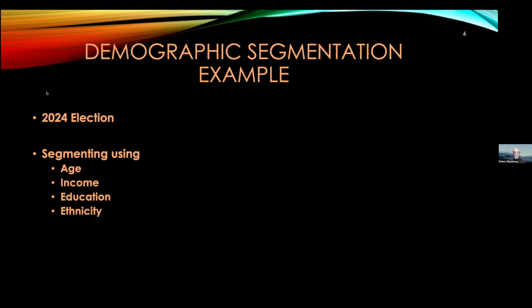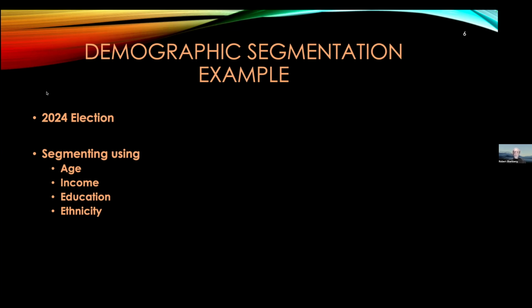But do you think there's a big difference in your voting behavior whether you're young, middle-aged, or old? Income, high, medium, low. Education, like you, very well educated, or like a lot of people that live in rural America, very limited education. Then ethnicity, and I could also add gender. There's a big gap right now between female and male voters.